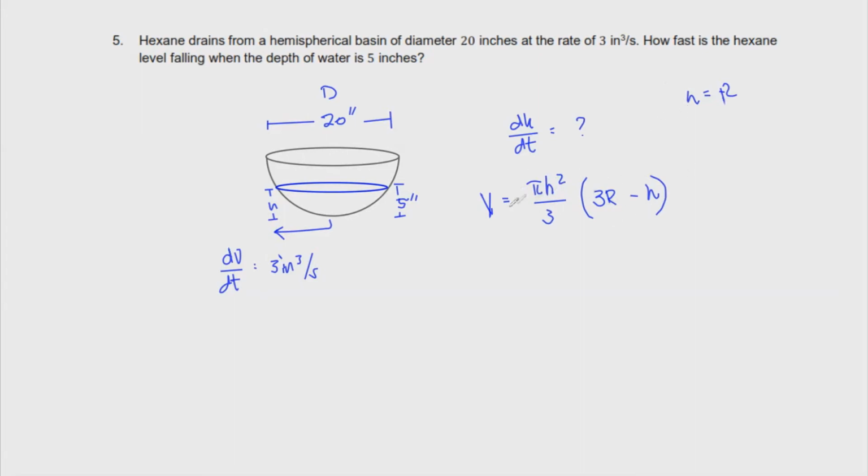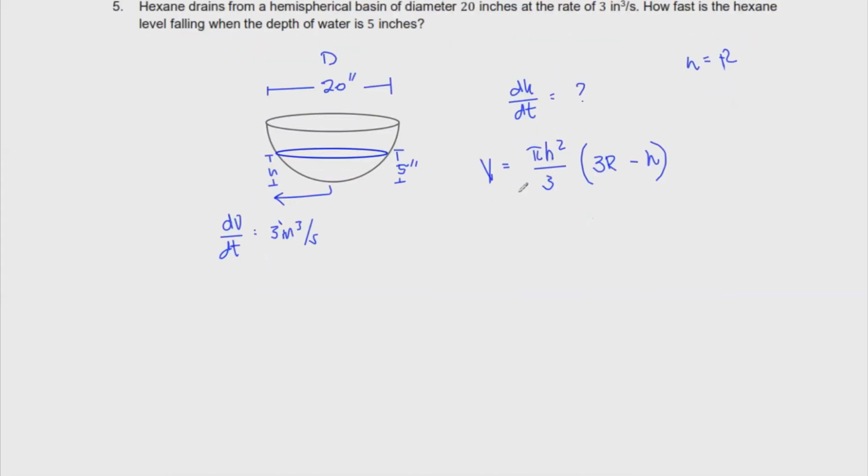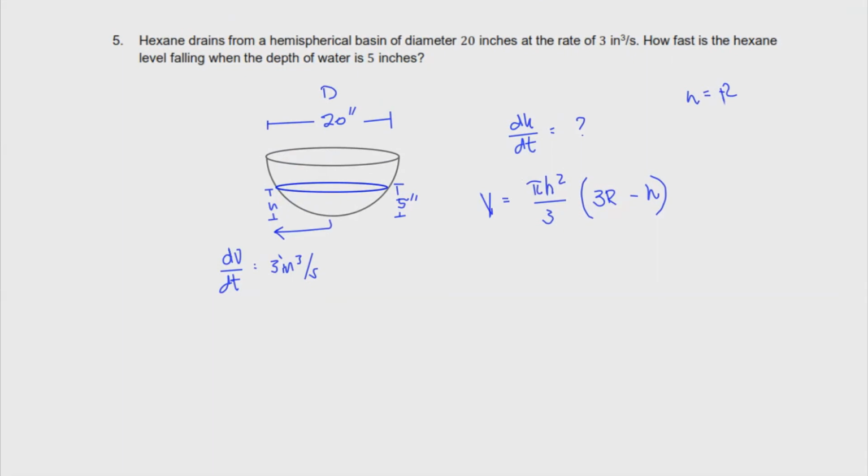So we'll be using this equation to find the height, or the change in the level of the fluid. So we will implicitly differentiate this expression. We have dV over dt so we can see what expressions we need. I'll be factoring out the constant, and then I'll use the product rule right here.